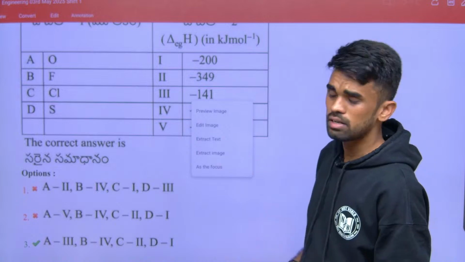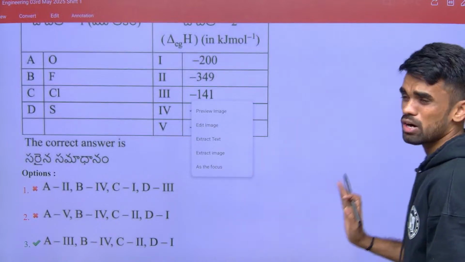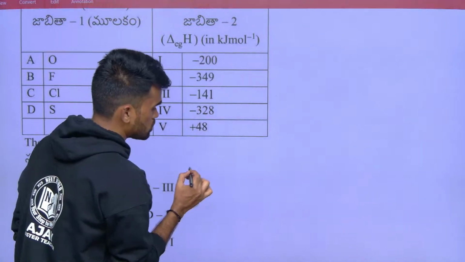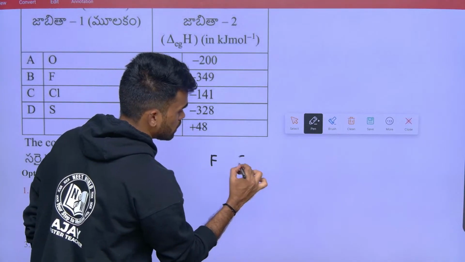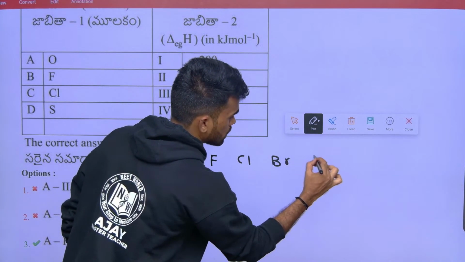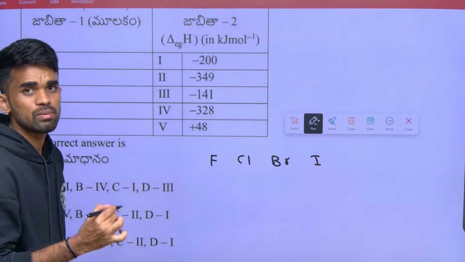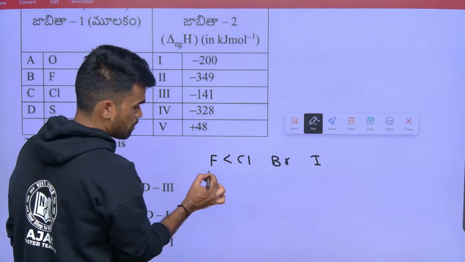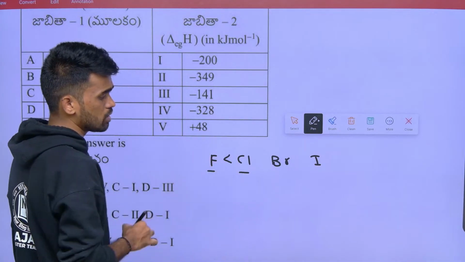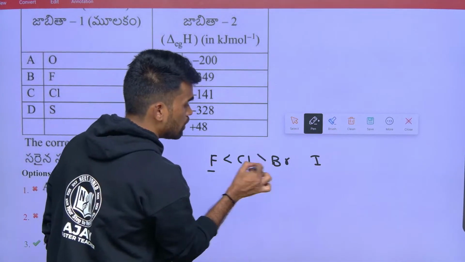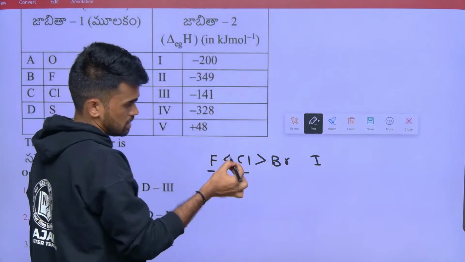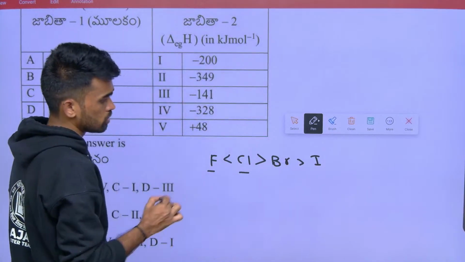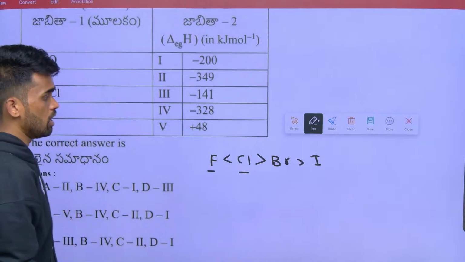So you can remember these orders. For halogens, we have fluorine, chlorine, bromine, iodine. Which has the most value? It is chlorine. When we compare fluorine and chlorine, chlorine has more electron gain enthalpy, releasing more energy.